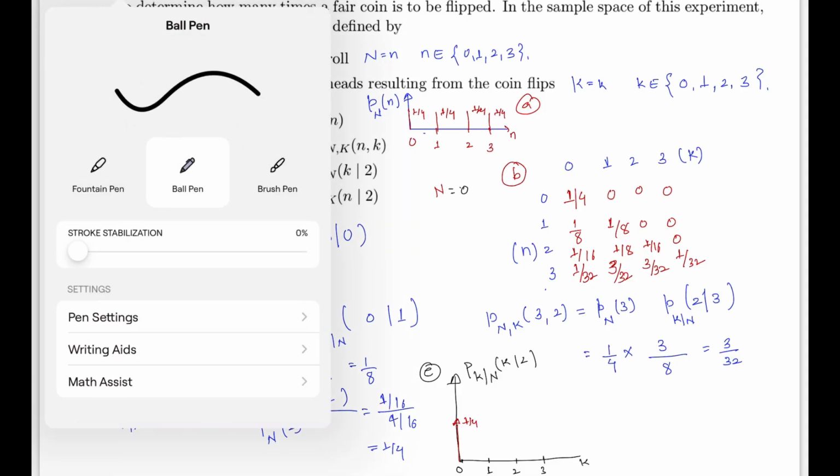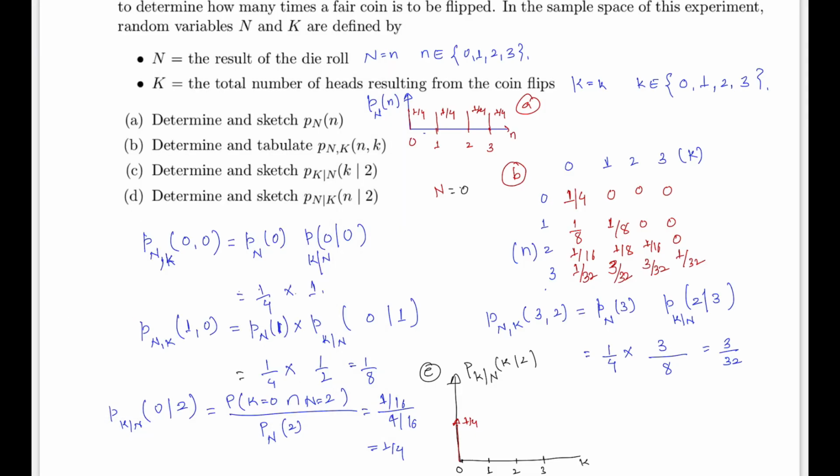If you do that, where k equals 1 given n equals 2, it will have probability 1 divided by 2.